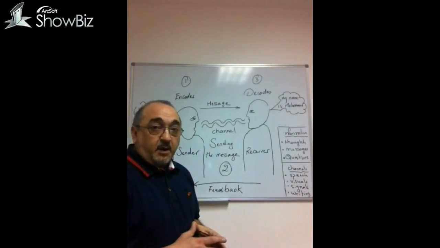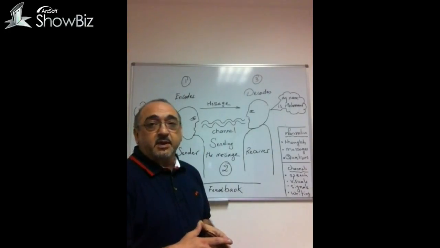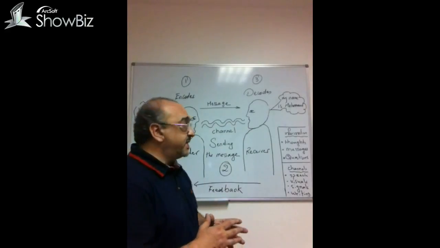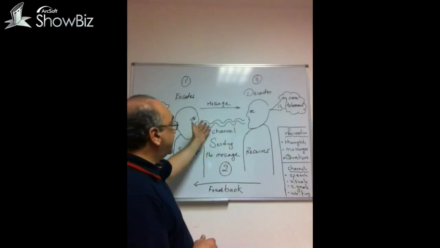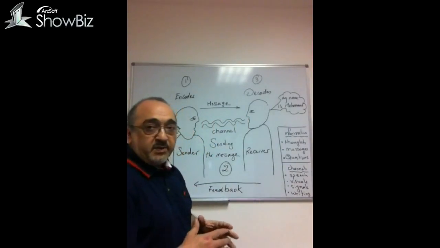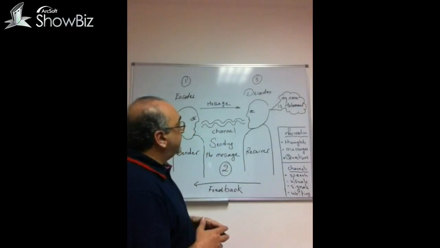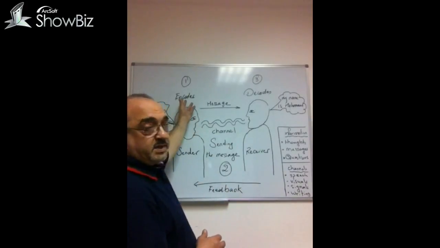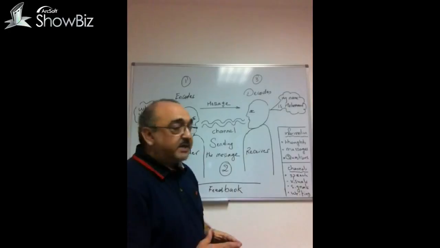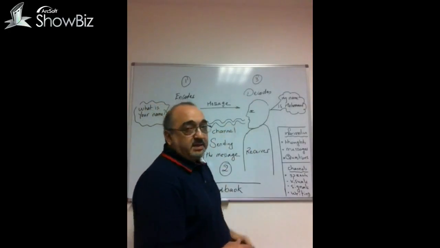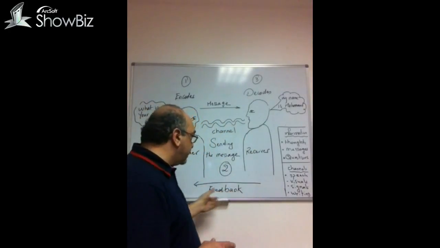Also, the main components of the communication process include decoding the message and sending the message through the communication channel. We start with encoding the message, sending the message with the communication channel, decoding the message, and sending our feedback.